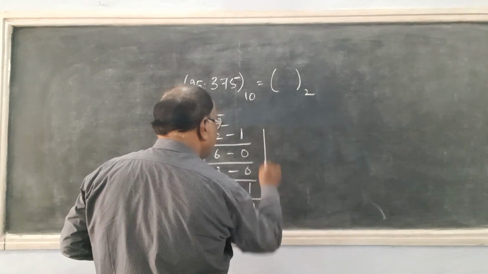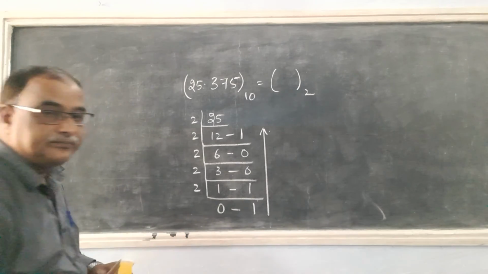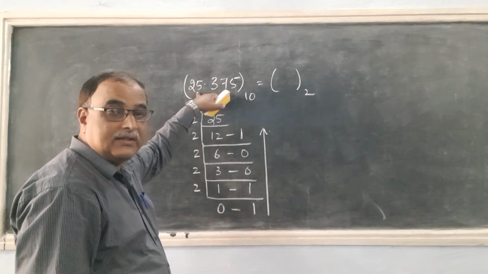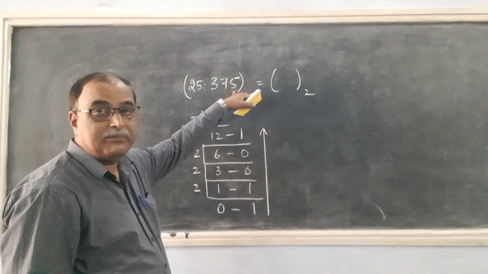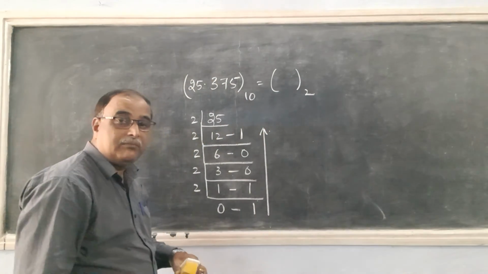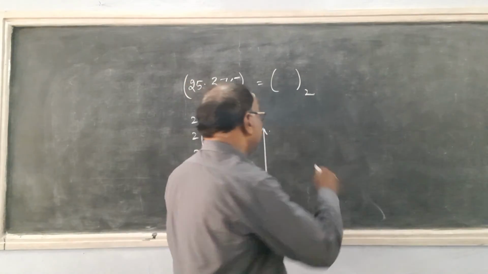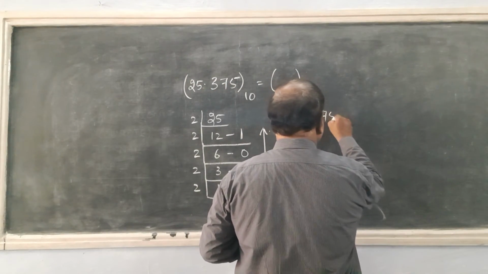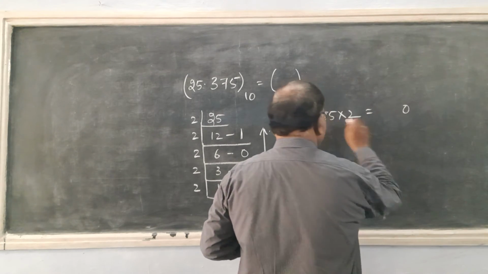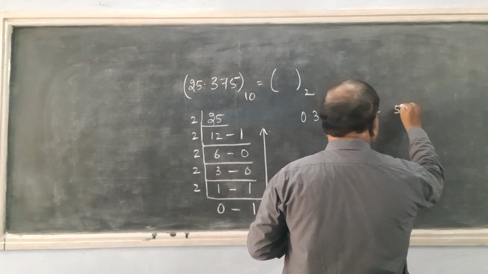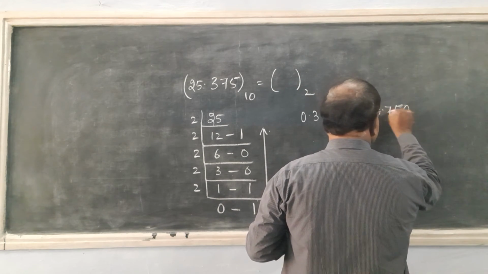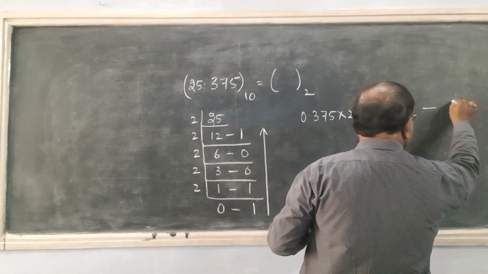So you can write this. So this is the whole part or whole number or the integer part. Now what about the decimal part? So the decimal part, as I told you just now, go on multiplying it by 2. So you take it separately, 0.375 times 2. So this is 0.750, write the remainder as 0.